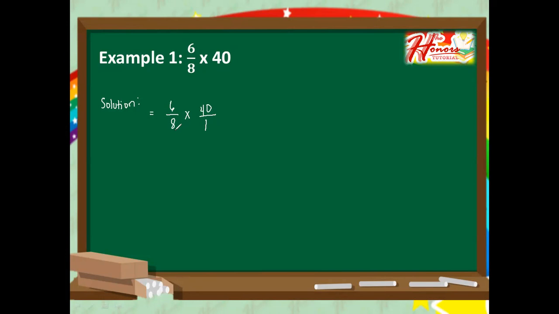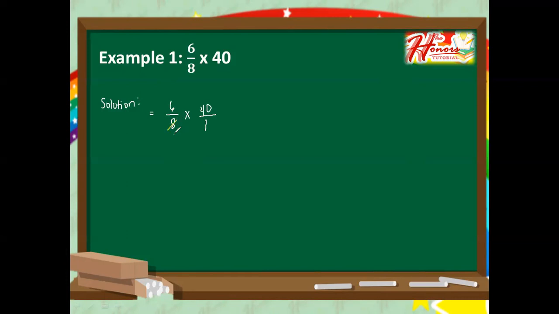So just think of a number that can divide 8 and 40 at the same time without remainder. If you are thinking of 2, you can use it. If you're thinking of 4, you can use it also. But for now, let's use the largest number that we can have to divide 8 and 40, and that is 8.